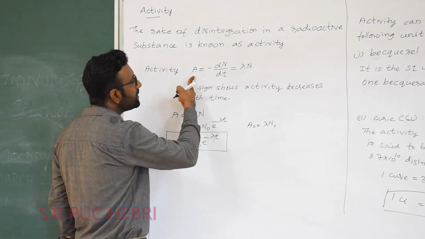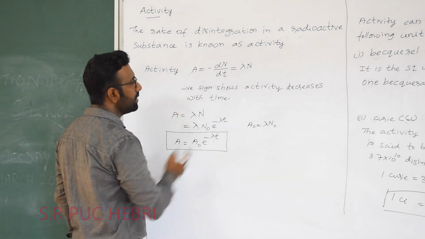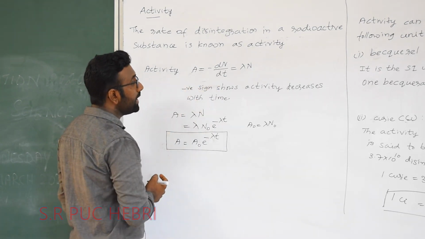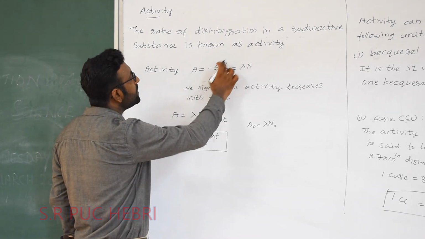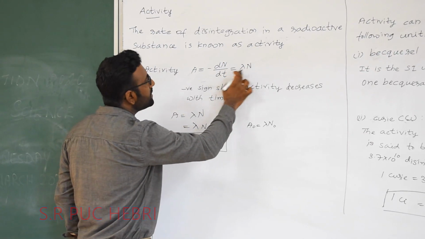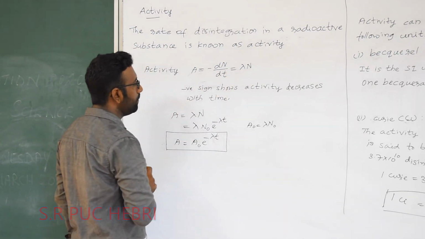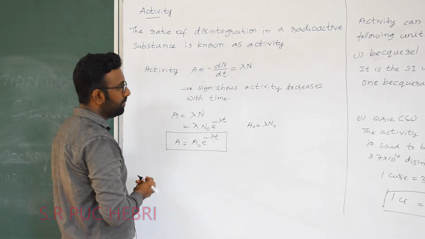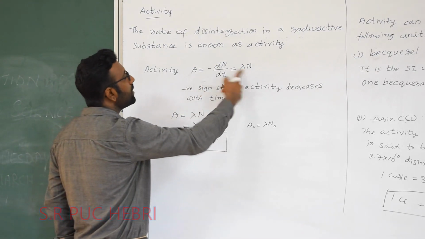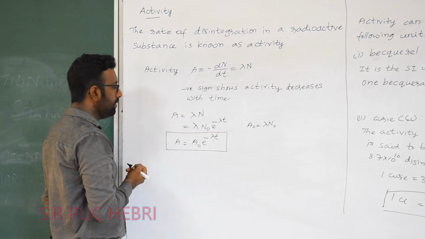Why? Because activity is nothing but the rate of disintegration from the law of radioactive decay. So A is minus dN by dt, and it is also nothing but lambda N. The negative sign shows that activity decreases with time. So I can write A is equal to lambda N.